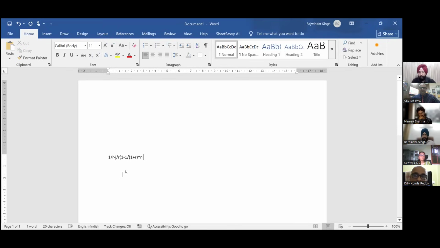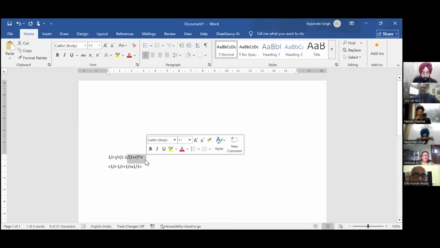If you open up this bracket, what will be there? It will be equal to 1 divided by R minus 1 divided by R plus 1 divided by R multiplied by 1 divided by 1 plus R to the power n.